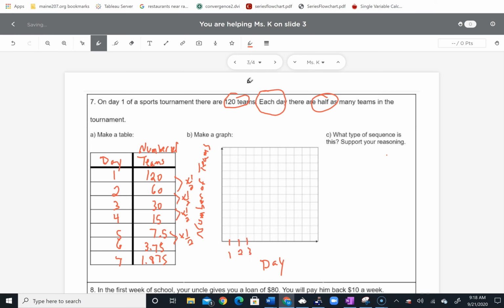So I'm going to start scaling. Looks like we're going to go 1, 2, 3. Here's a 4, 5, 6, and a 7. Now, getting as high as 120, we've got 12 lines. I'd suggest that we count by tens. And the scale is so very, very important, guys.